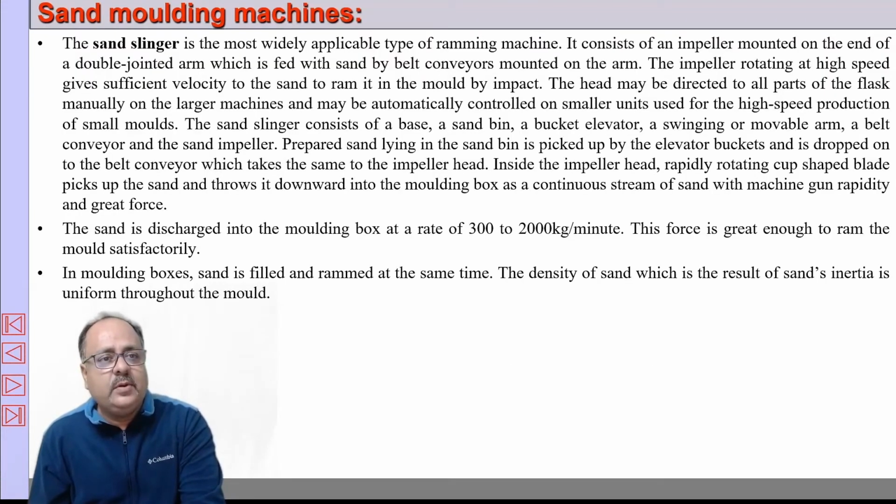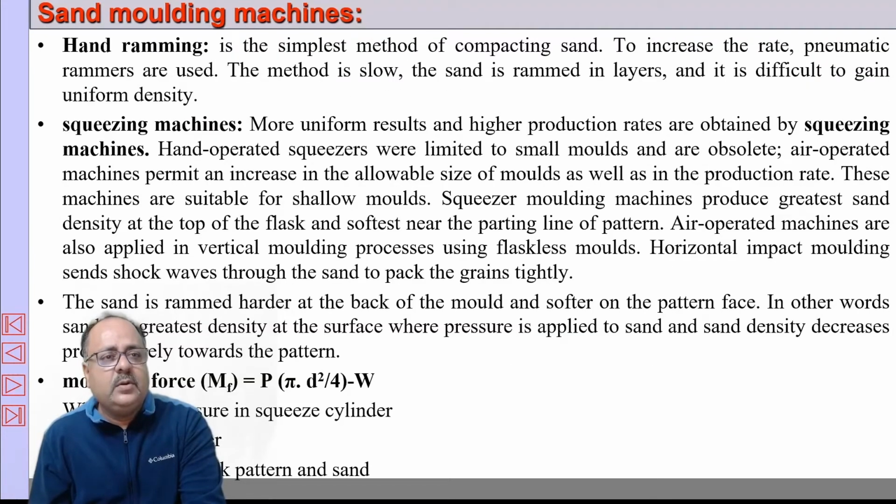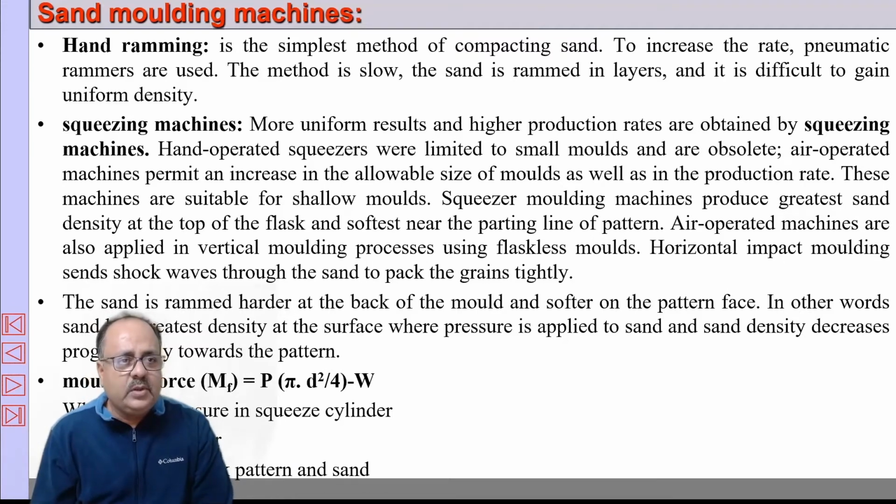And then we have molding machines. In molding machines, hand ramming, we already know how to carry out hand ramming. We have squeezing machines. In squeezing machines, there is a platform. The molding board is on the platform, and we place the pattern and then the flask on the platform, and then we pour in the required amount of sand, and from the top side, the entire sand is squeezed.